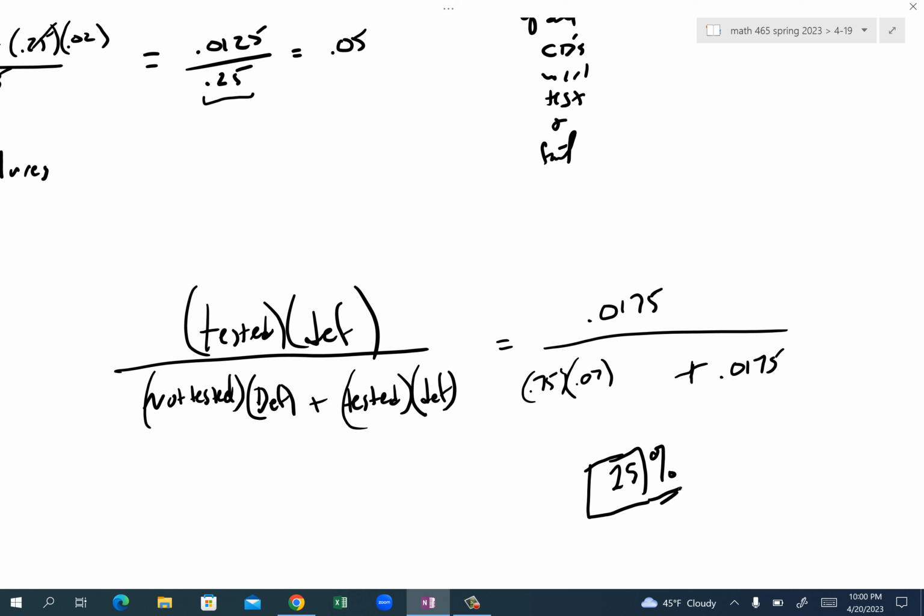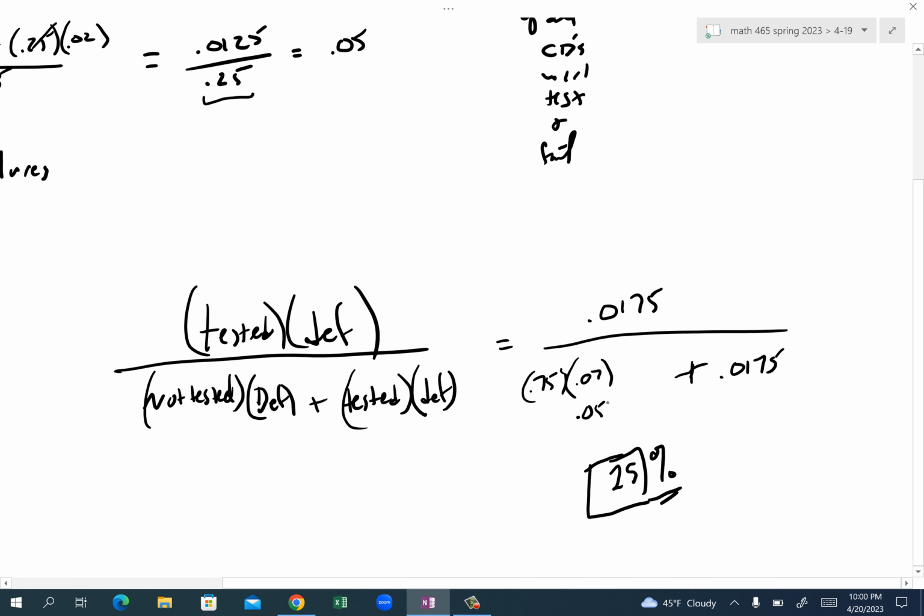Okay, so I test 1 out of every 4 of them. There's basically a 7% chance. I mean, there was 1%, 2%, 3%, 4%. Those all added together was 7%, right? So again, 0.0175 of all CDs were tested and defective. But this number here, which I didn't write down, let me write that down for you: 0.75 times 0.07, 0.0525.